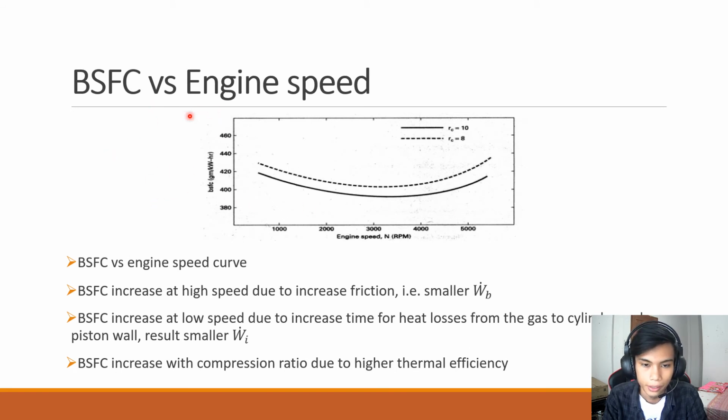Next, this diagram shows the BSFC versus engine speed curve.